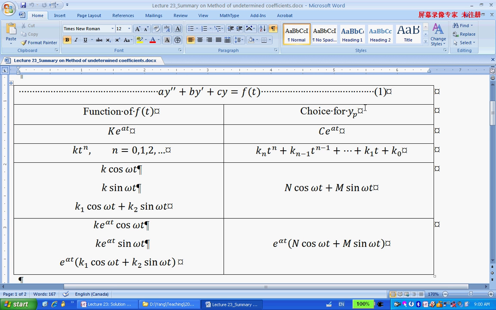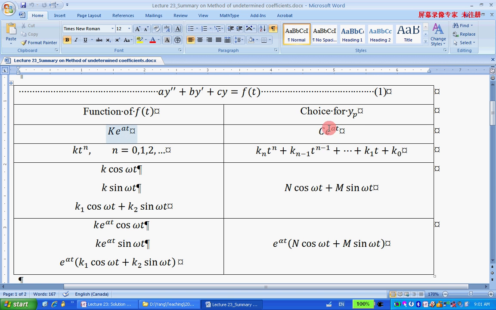The second one is t to the power of something, and this is something like a sine or cosine, or a combination of sine and cosine, or maybe a combination of exponential and sine and cosine together. Then your first step, for the y_p, your guess, is exactly the same format.